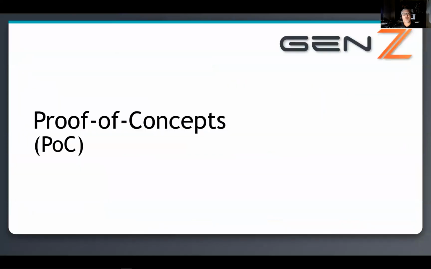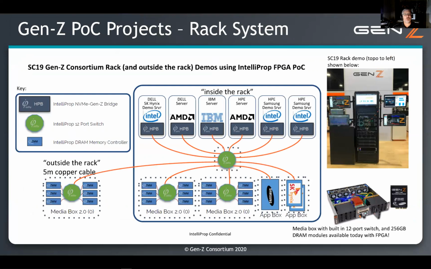Now let me tell you a little bit about what Gen Z is doing in their proof of concept work. While we're a consortium that actually has the spec as our product, we want to make sure this stuff works for everybody, and so we've been working with our members to show what's possible.